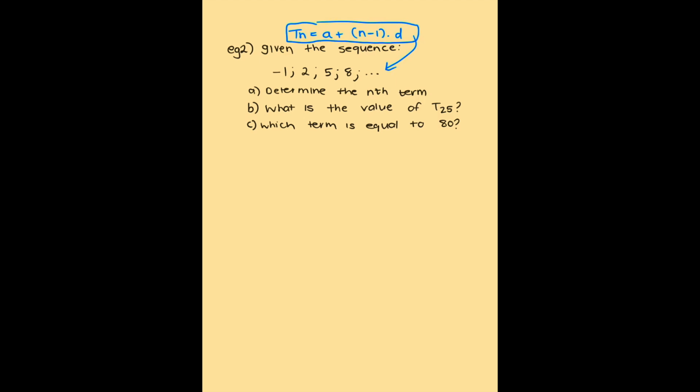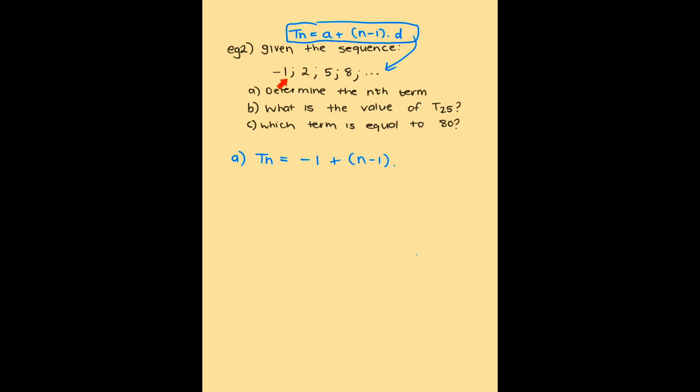To answer our first question, Tn equals, remember it's A plus n minus 1 times D. I need to work out A, and that's super easy. It's term 1, which in this pattern is minus 1, plus n minus 1 times D, the constant difference.